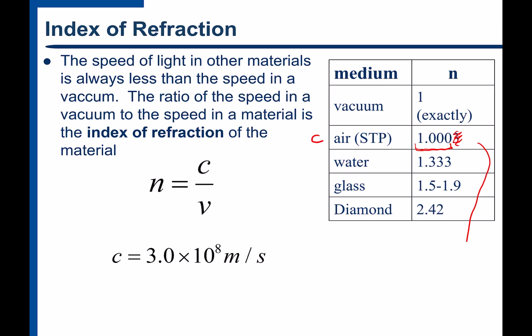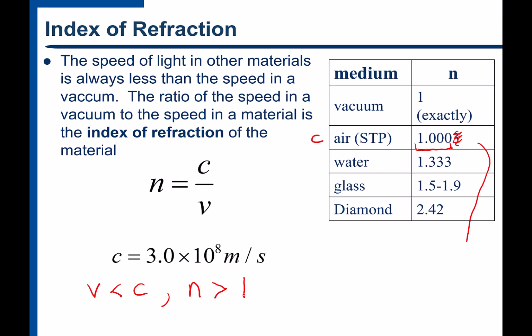Notice why that is. If v is less than c, then n is going to be greater than 1 because we're dividing a bigger number by a smaller number. Therefore, the index of refraction of any material is always greater than 1.